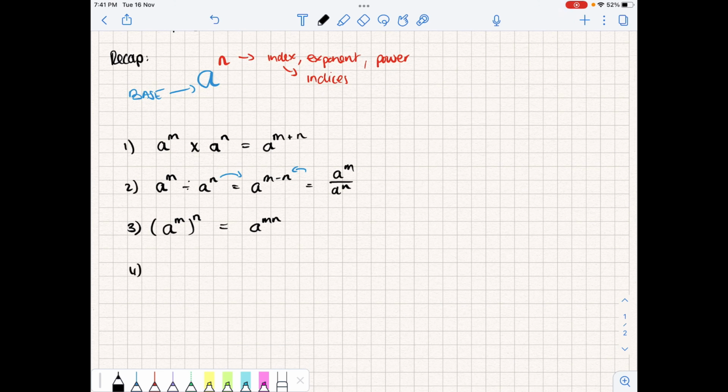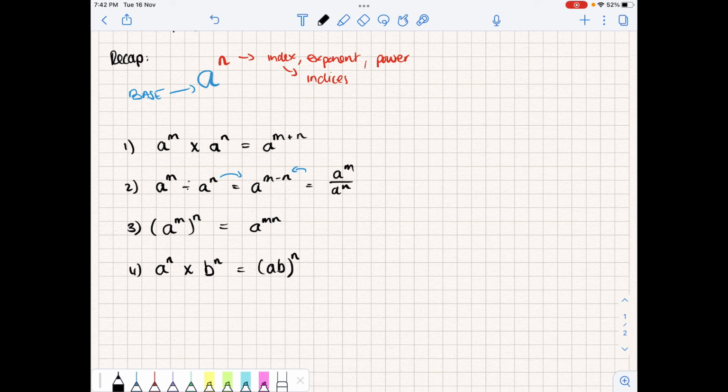Then, if we have some base raised to a power multiplied by another number but raised to the same power, this can be simplified as the two numbers multiplied by each other raised to that power.